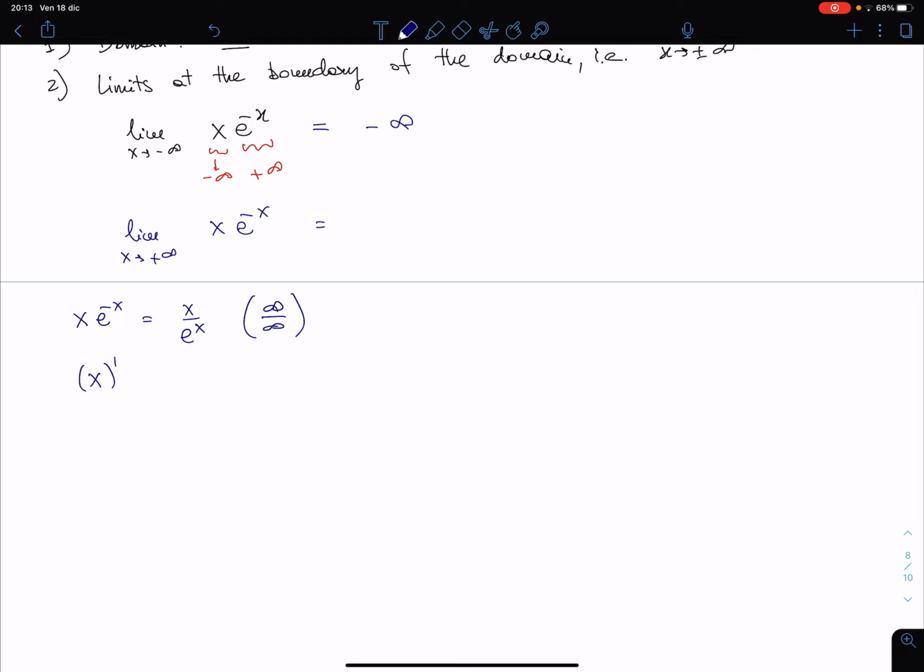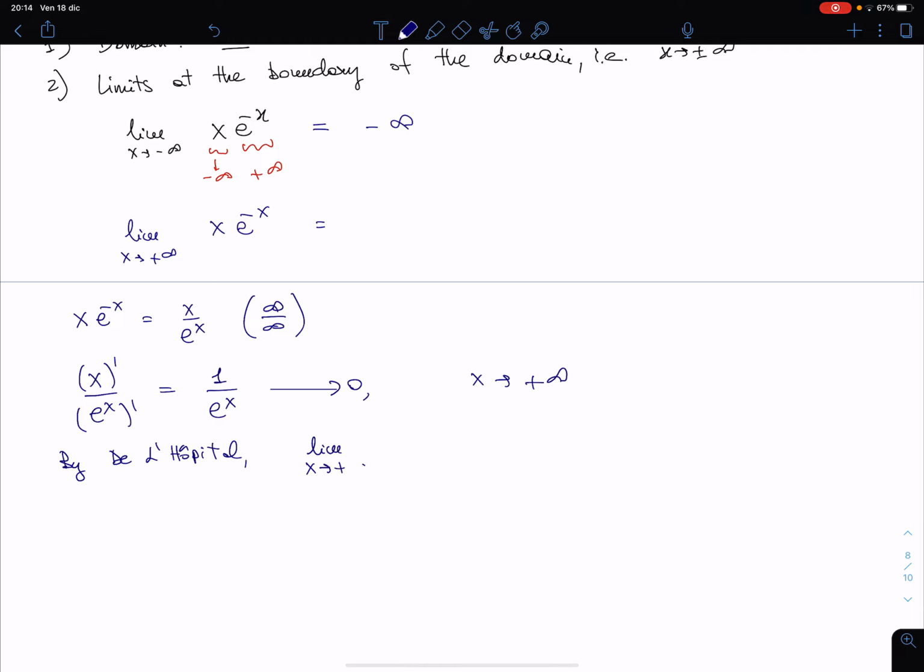So x prime over e to the x prime. This is equal to 1 over e to the x. This ratio has a limit for x going to infinity, and this limit is 0. So by L'Hopital, we conclude that the limit for x going to plus infinity of x e to the minus x is equal to 0.